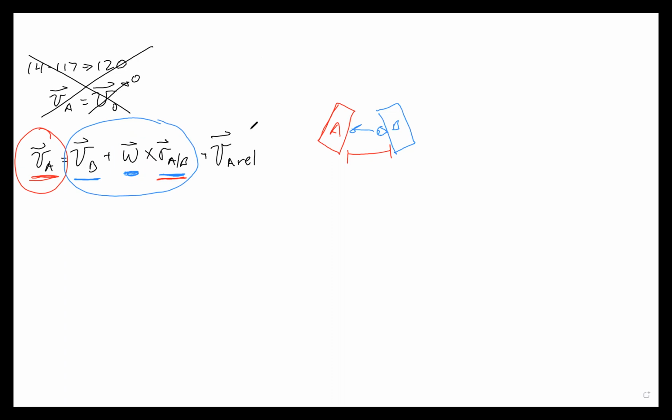Okay, and this term. What is this term? This is the term that they are asking us to find. This is the velocity of A relative to the rotating axis. But in the disk problem, the rotating axis was stationary but spinning.